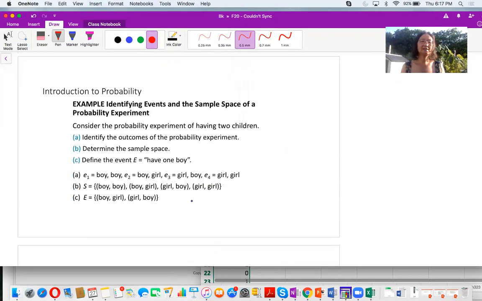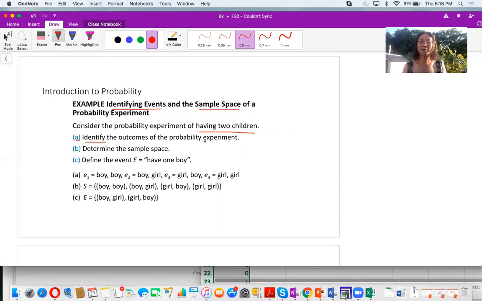Now let's look at an example. Identify events and the sample space of a probability experiment. And this experiment is a couple having 2 children. Question 1: identify the outcomes of the probability experiment.